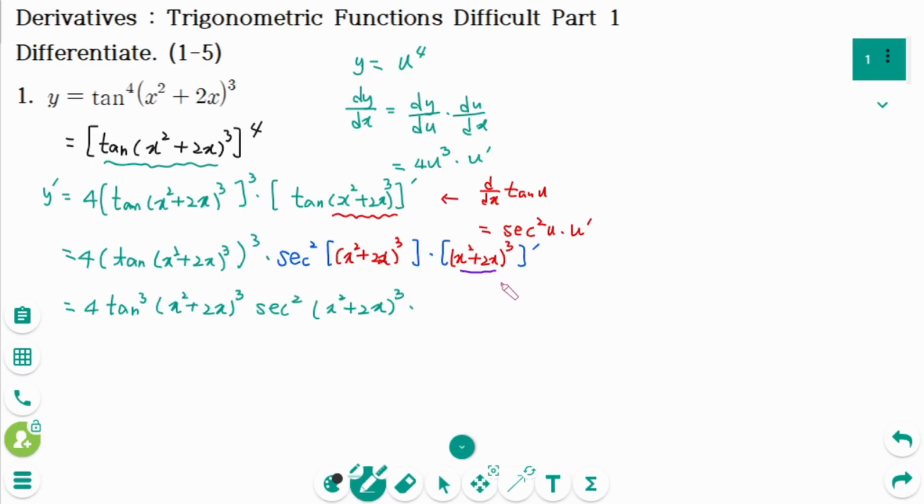Now u equals x squared plus 2x. Think of it as u to the power of 3. Then u to the power of 3 prime equals 3u squared times u prime.